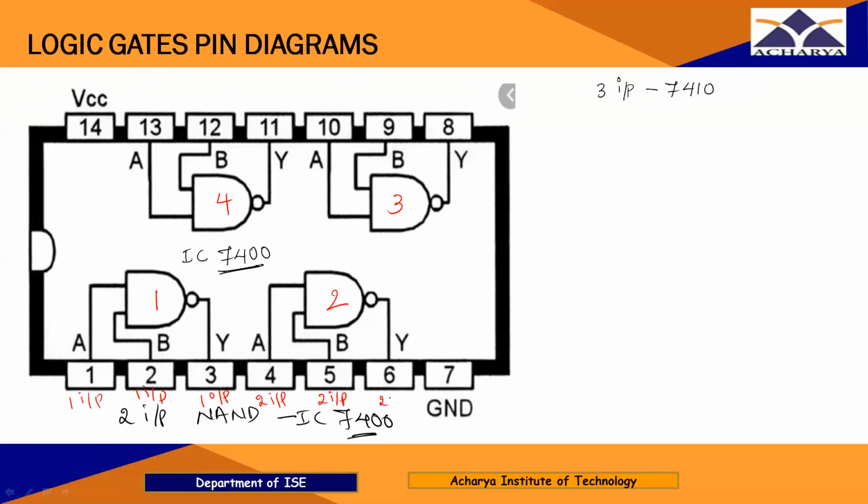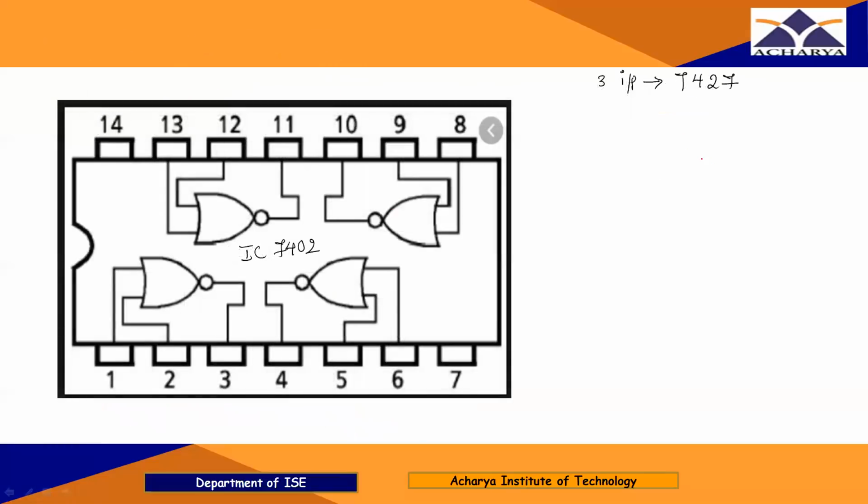Pin number 6 is the output of the second gate, and pin number 9 and 10 are the inputs, and pin number 8 is the output of the third gate, and pin number 12 and pin number 13 are the inputs of the fourth gate, and pin number 11 is the output of the fourth gate, like this. So you have to draw for 3 input NAND gates. So the IC number for 3 input NAND gate is 7410, right?